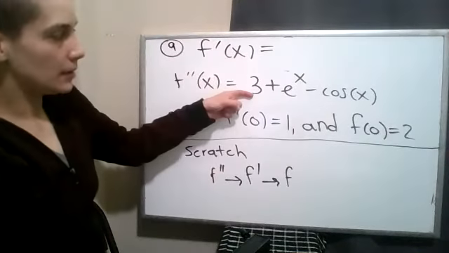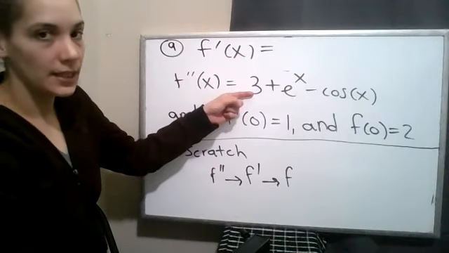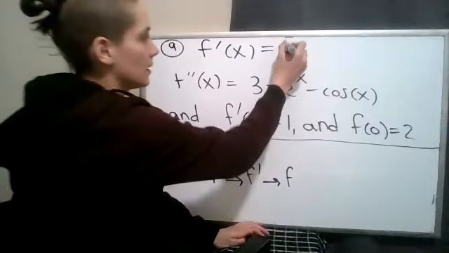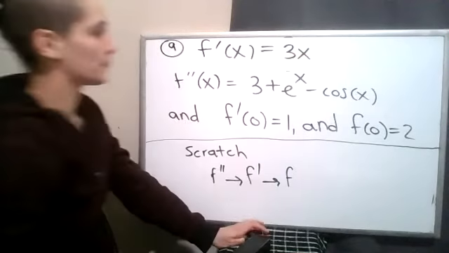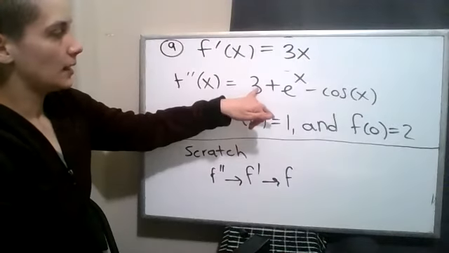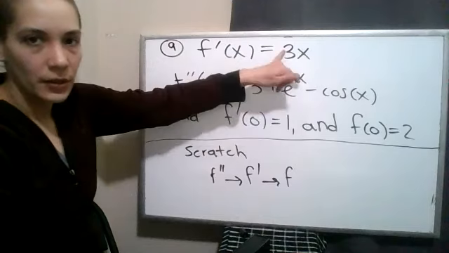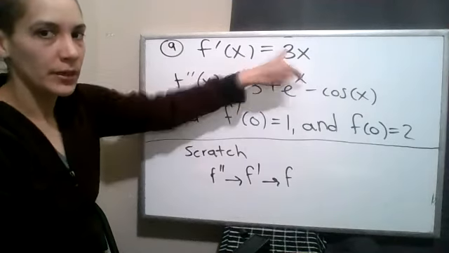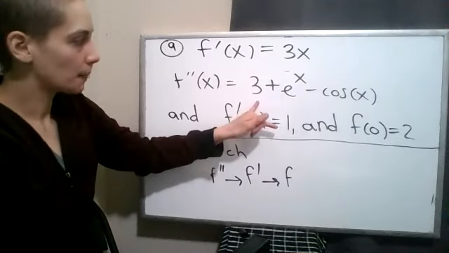The antiderivative of 3 is 3x. You can check by taking the derivative of 3x, which gets you back to 3.